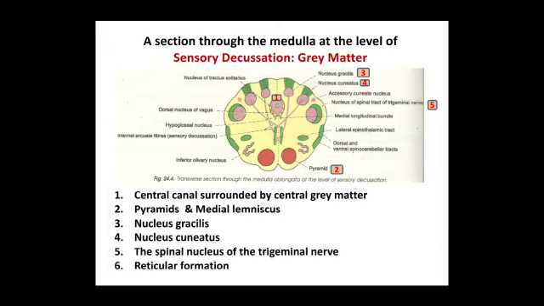Apart from that, we can see the pyramids and medial lemniscus, pyramids which is in red, and posterior to it longitudinally is the medial lemniscus. The nucleus gracilis posteriorly depicted as number 3, and lateral to which is the nucleus cuneatus, and more laterally is the spinal nucleus of the trigeminal nerve and the reticular formation.